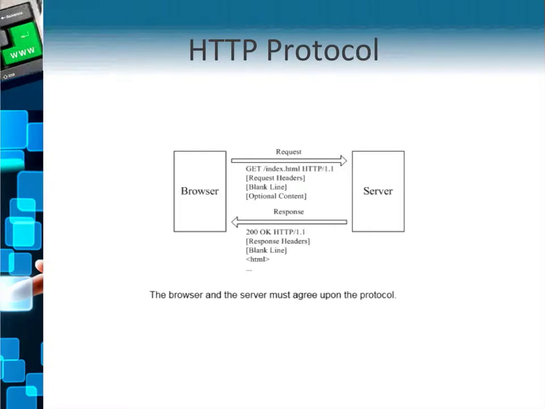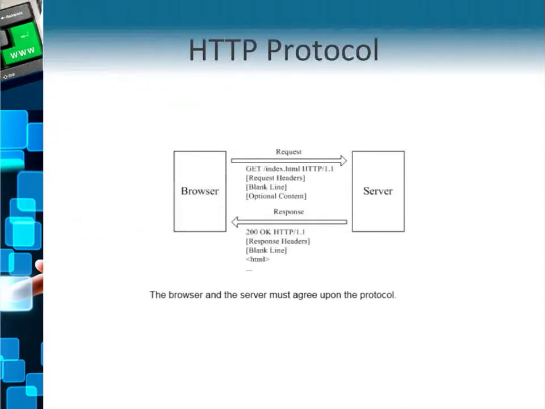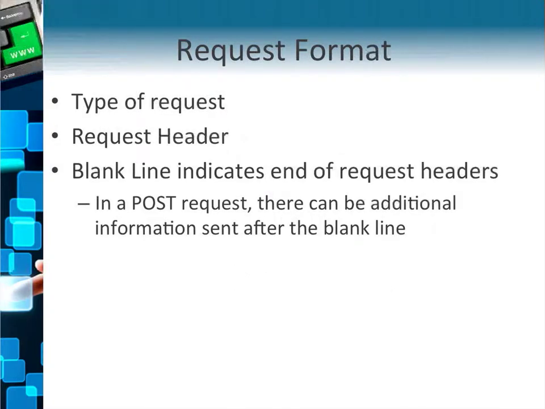So we have the request format. We can go back here. So we're the browser. We have the request format. So you'll have a type of request. What is it that I'm requesting? And you'll see in the book in table 1.1, table 1.2, common request headers and common response headers.